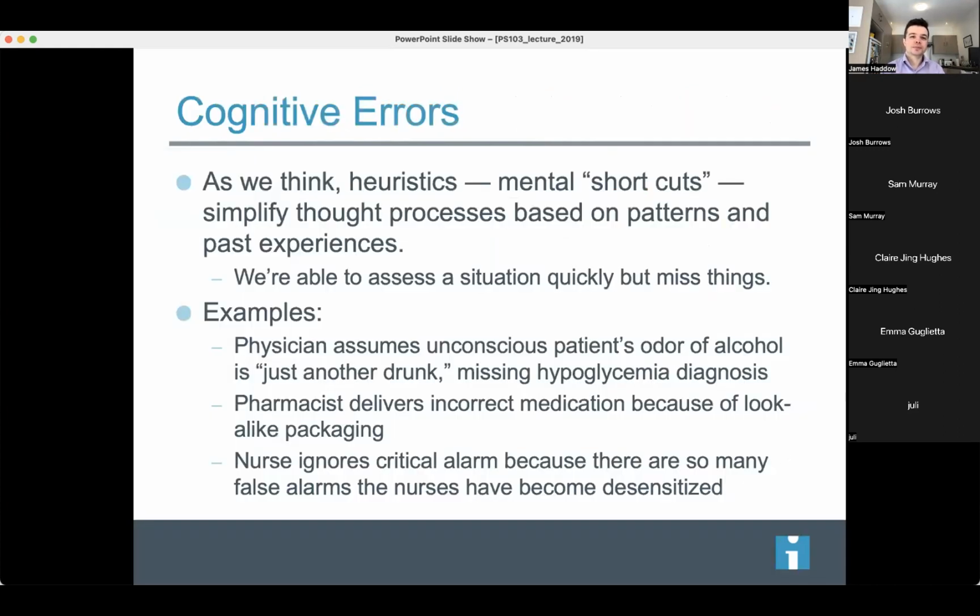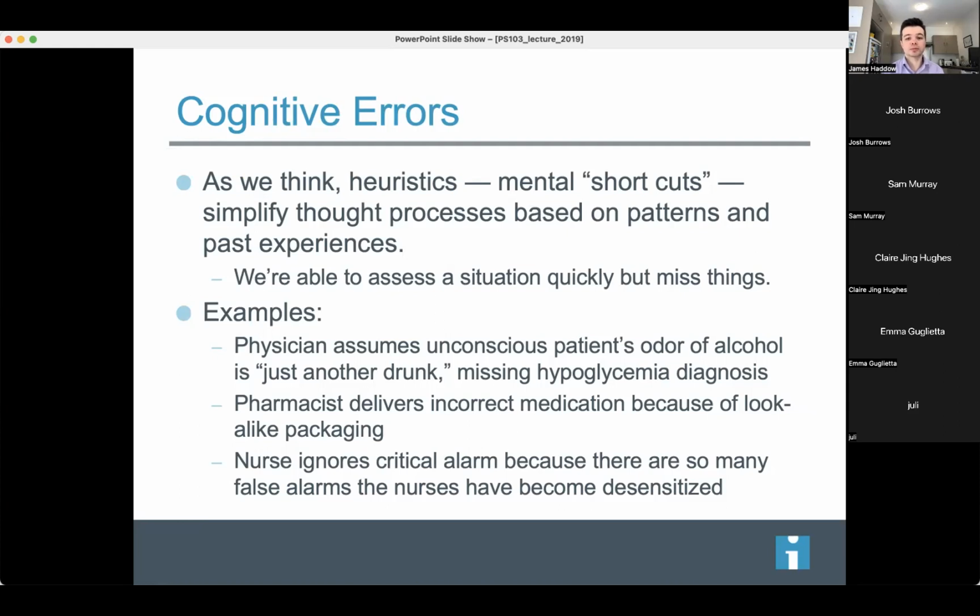So cognitive errors. Heuristics, mental shortcuts, are the way we simplify things. An example, as I said, would be a physician who assumes an unconscious patient's odor of alcohol is just another drunk, but they've missed that the patient is actually hypoglycemic, because they've not thought laterally.